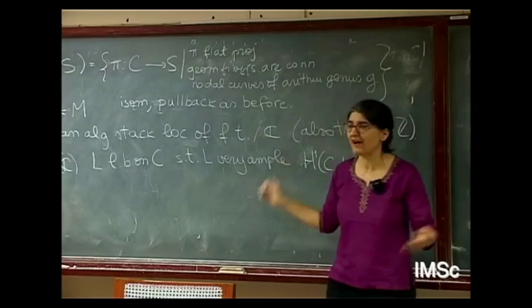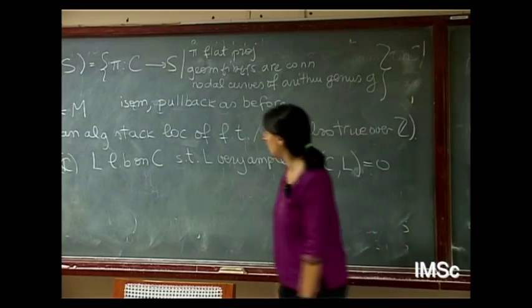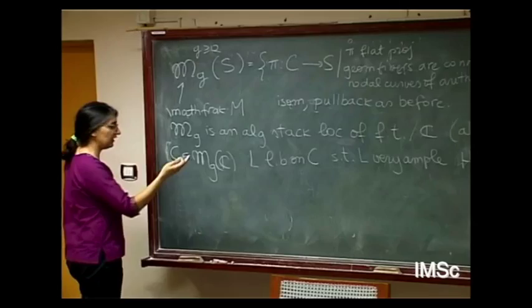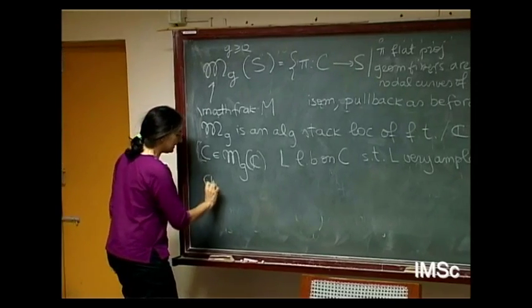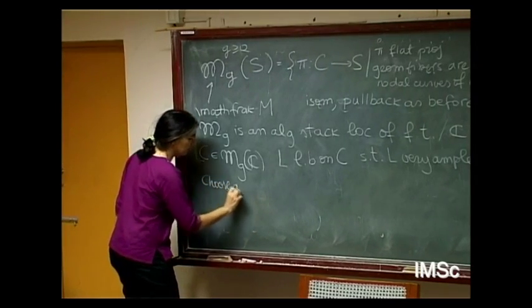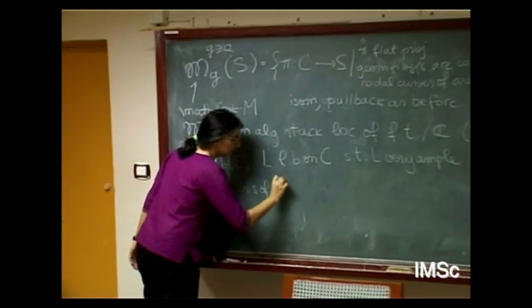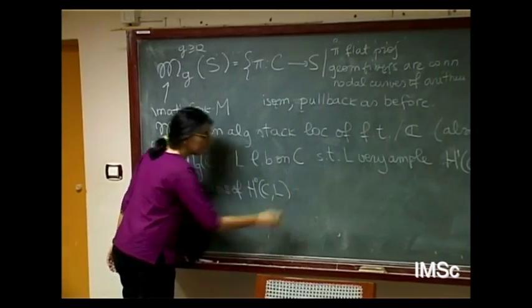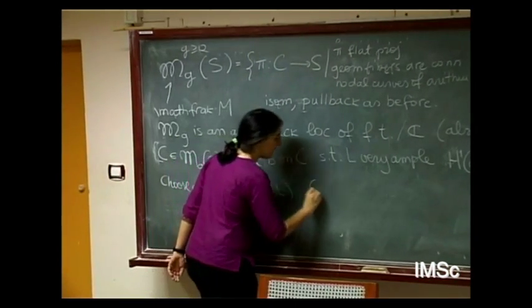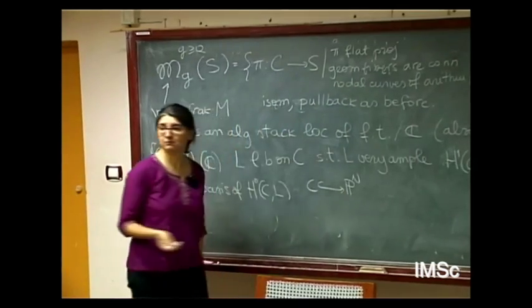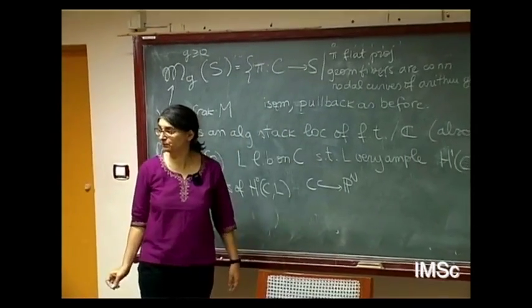I mean, I can find such an L. And I choose a basis of H0(C, L). So this gives me a closed embedding of C into some P^n of some degree d.